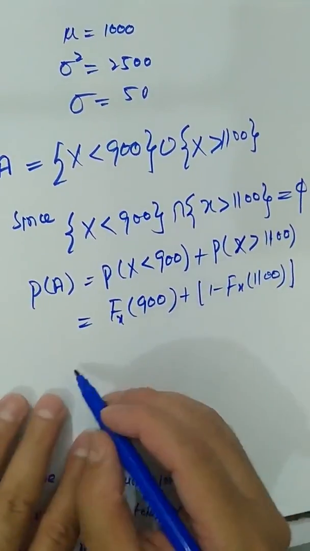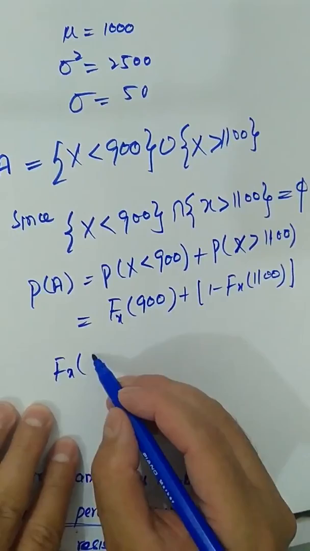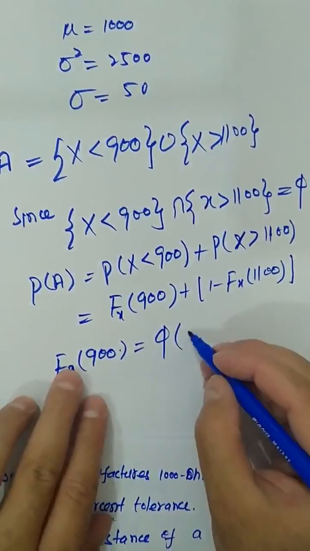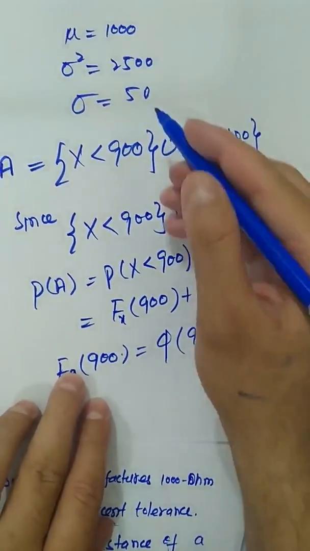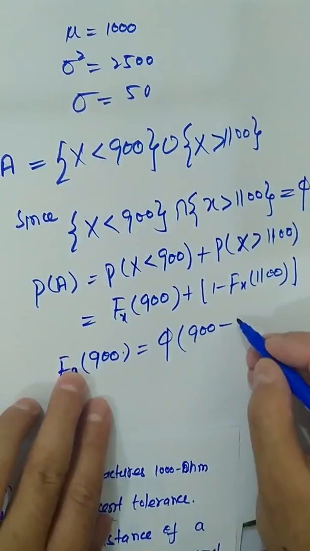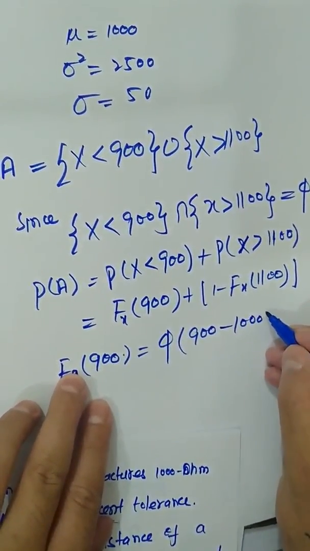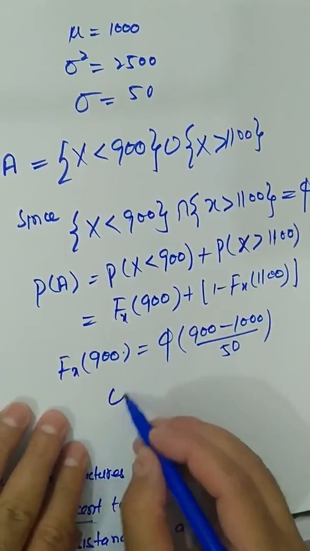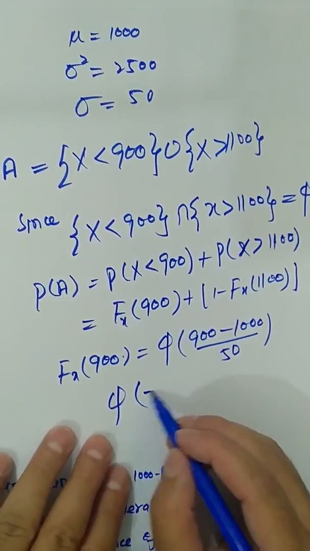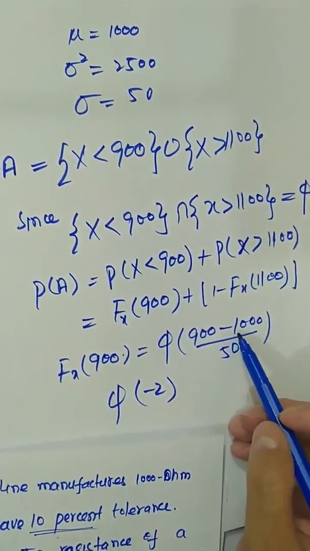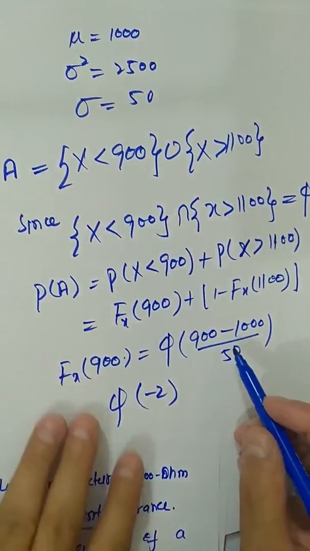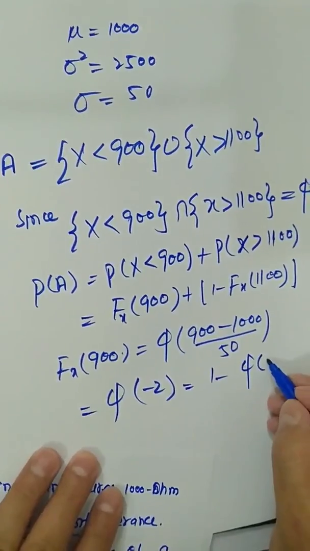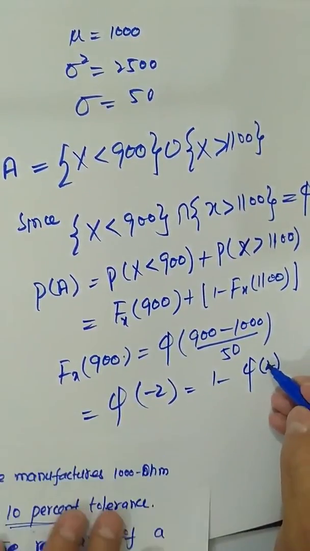F of x at 900 can be written as phi of 900 minus mu, here 1000, that is 900 minus 1000 divided by sigma, 50 here. This would be equal to minus 2, since minus 100 divided by 50 is minus 2. So I can write it as 1 minus phi of 2, when z is equal to 2.